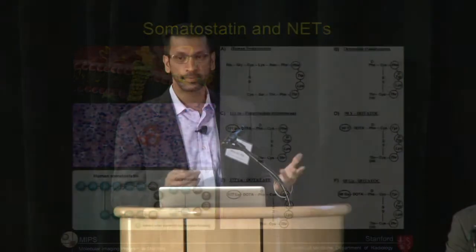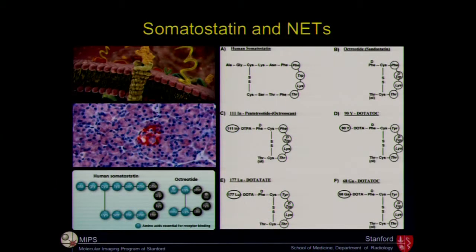which express somatostatin receptors. Now, if you look on the right-hand side, all of this shows you what we've subsequently developed in terms of imaging and therapy for neuroendocrine tumors based on that type of targeting with somatostatin. So once again, at the top left is this human somatostatin molecule, and this one on the right is the same as this one, the sandostatin molecule.